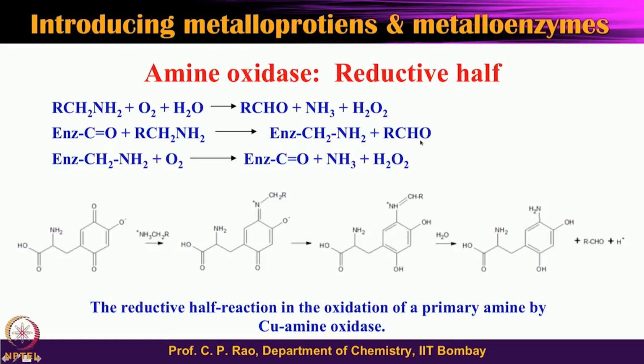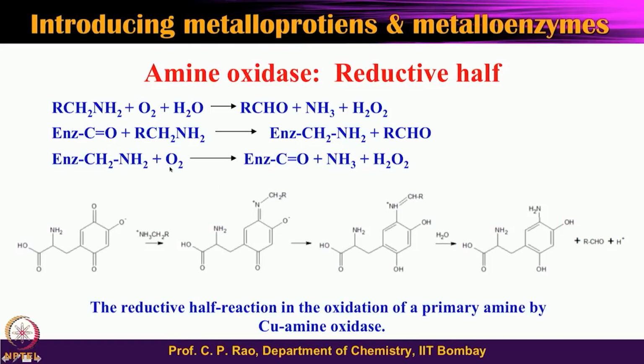So, this is obviously an oxidative reaction, but this is only half of the reaction, because at this stage the enzyme is reduced. The reduced enzyme is reoxidized by O2 to get back to the normal state, and that will release the ammonia and the H2O2 also. At this stage the aldehyde is formed, but the ammonia is not released. For the release you need to reoxidize the enzyme.